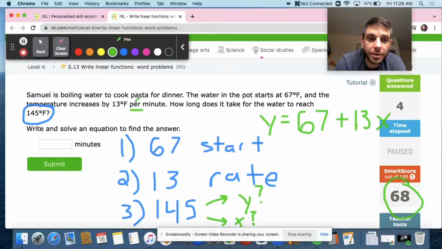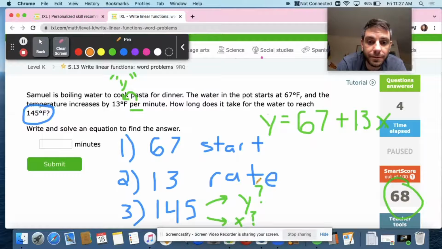Look at your word per. To the left of the word per is temperature, and whatever comes to the left of the word per is the y, the meaning of the letter y, the y numbers. So temperature is a y number. It says, how long does it take for the water to reach 145 degrees Fahrenheit? Well, guess what? That's a temperature.